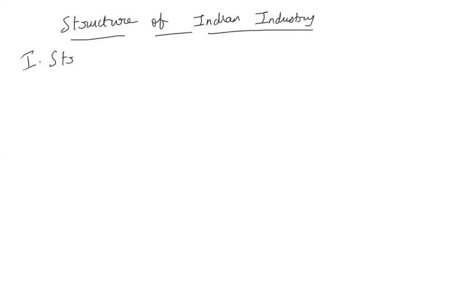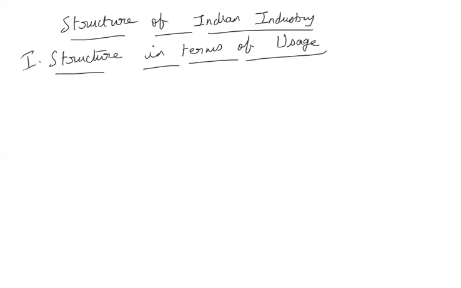The first one is structure in terms of usage, that is, on the basis of for what purpose the final products are being used, whatever commodities are manufactured in a particular industry. So that is based on the usage of final products.